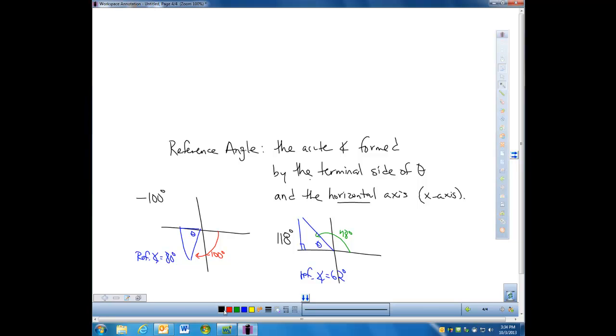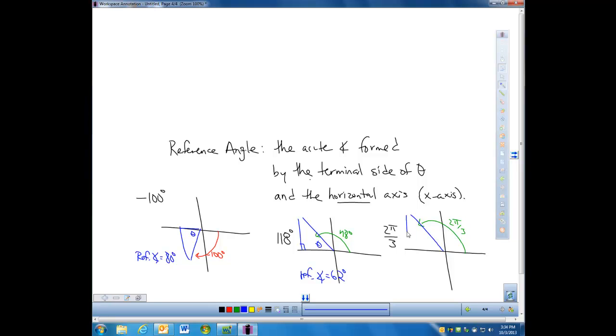Suppose that I want to work with 2 pi over 3. So 2 pi over 3 radians. And so I rotate that in a counterclockwise fashion again. 2 pi over 3 is up over here to the second quadrant. And again, I draw my right triangle from there now.